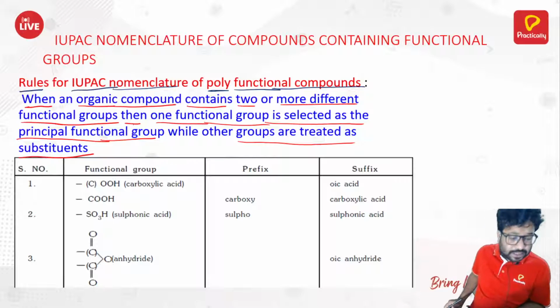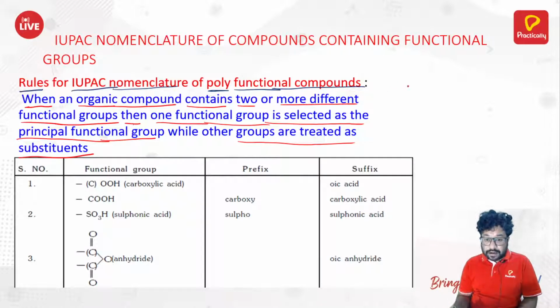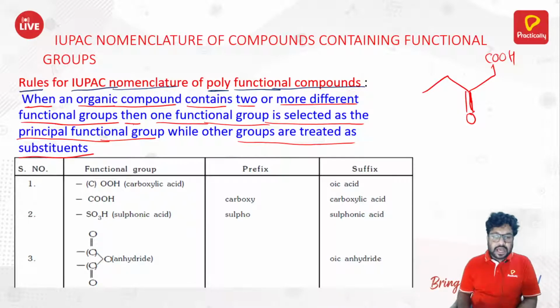Now that is obvious. Let me give you an example. Suppose this is your compound. Here you have a COOH, and suppose you got oxygen here, C double bond O. Now there are two functional groups here.